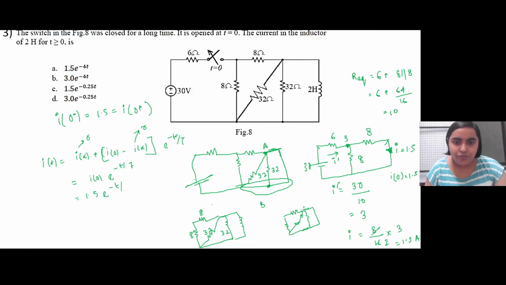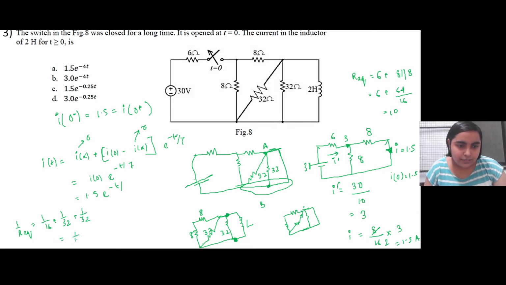Now tau you have to find out. Tau is the equivalent resistance as seen from this inductor, right? So this 32 ohm resistance is in parallel with another 32 ohm resistance, which is in parallel with the combination of 8 plus 8 ohm resistance. So 1 by R equivalent will be equal to 1 by 8 plus 8, 16, plus 1 by 32 plus 1 by 32.